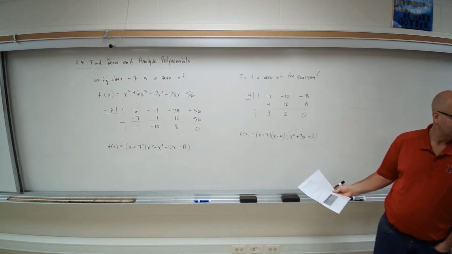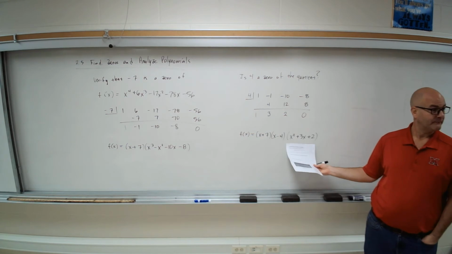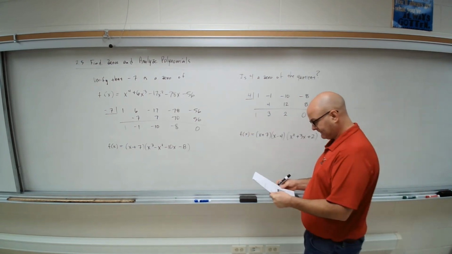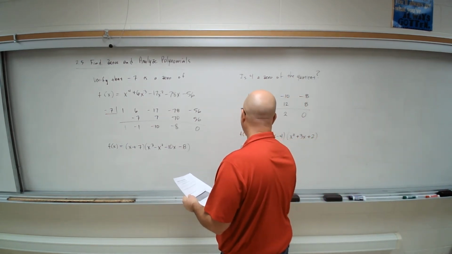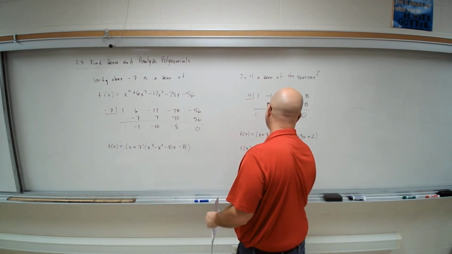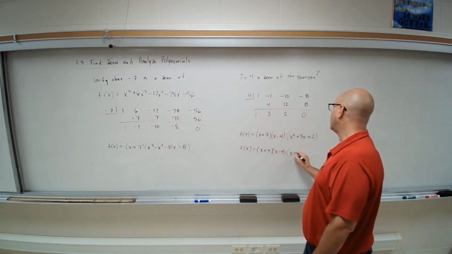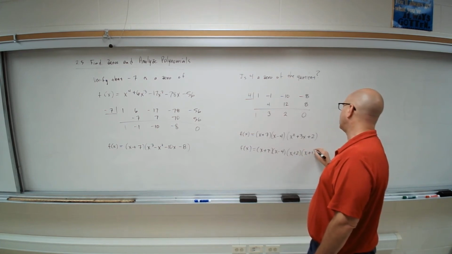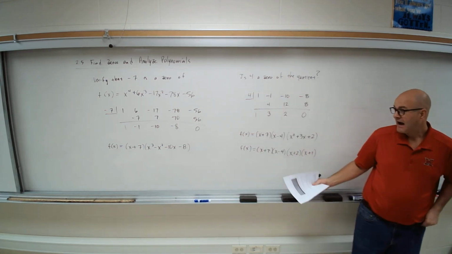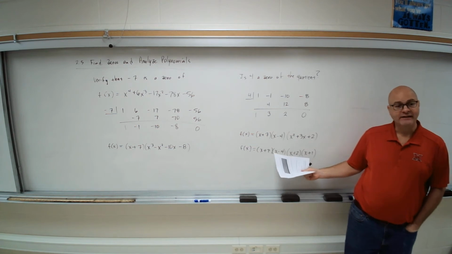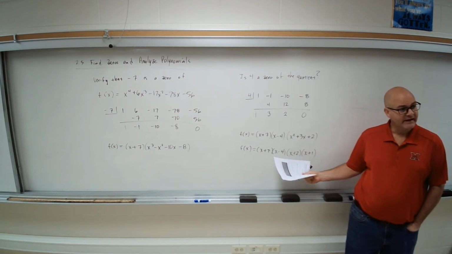Well, that's really nice, right? Because this is factorable. So we factor that. We get f of x equals x plus 7, x minus 4, x plus 2, x plus 1. I can't recommend writing this factored form each time enough.